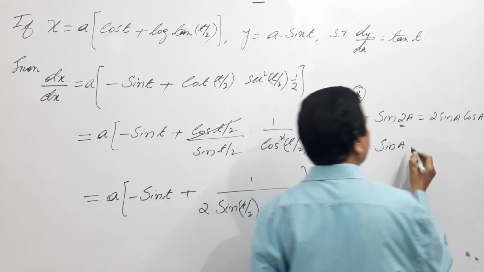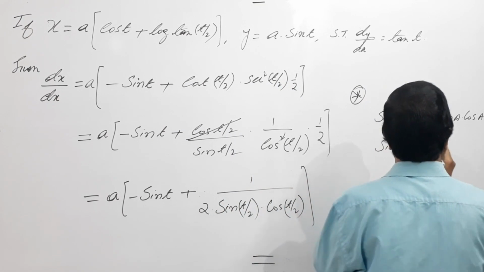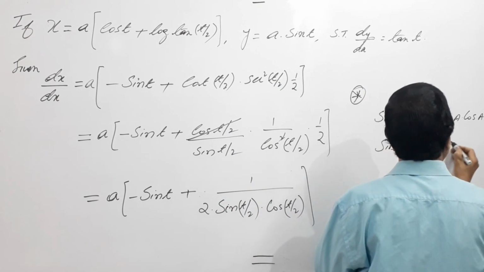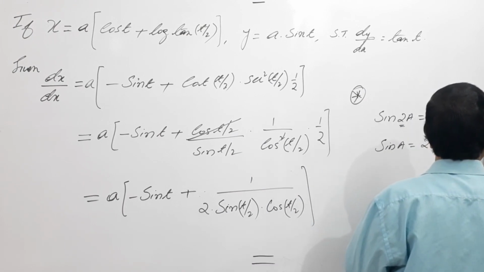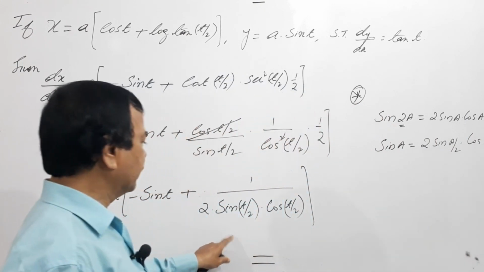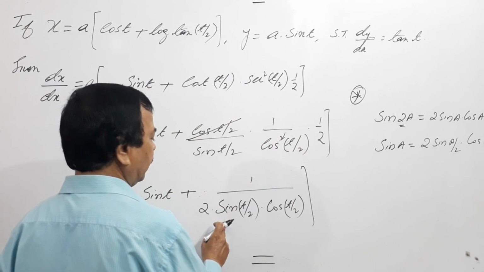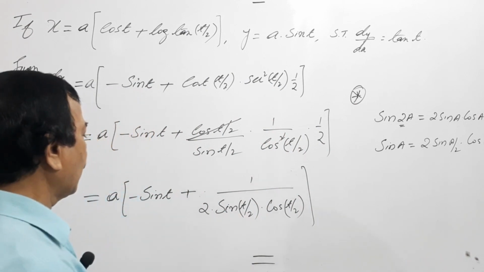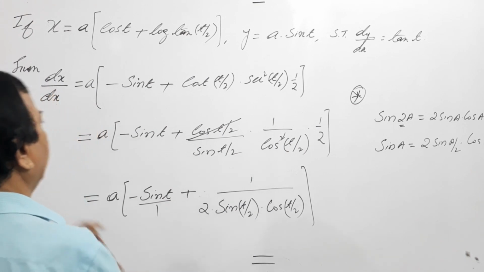So this is nothing but 2 into sin a by 2 into cos a by 2. So what happens to this? Here we have 2 sin a. So what happens here? I rub this.